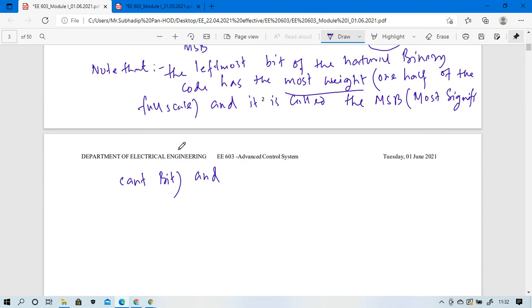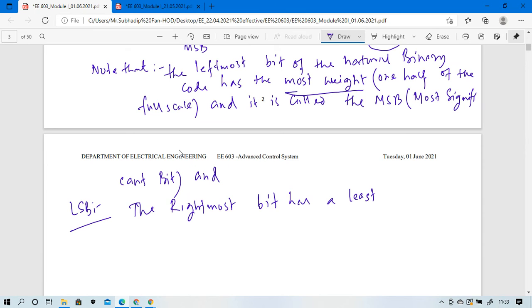So the least significant bit is the rightmost bit, which has the least weight.